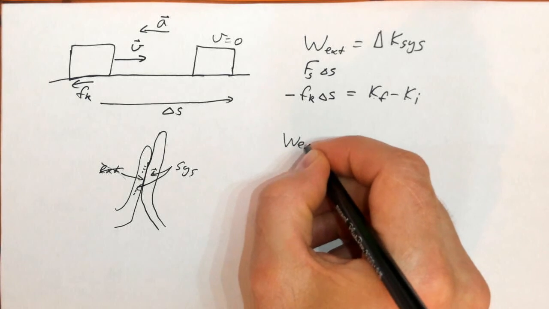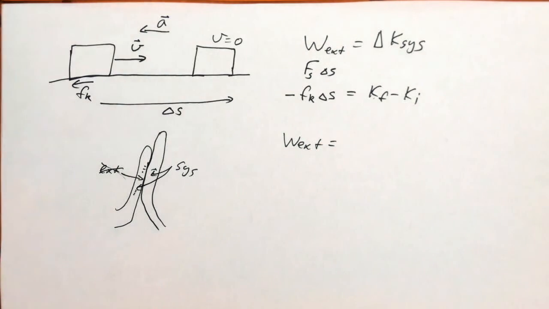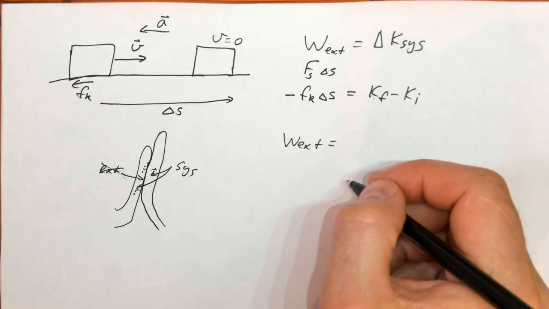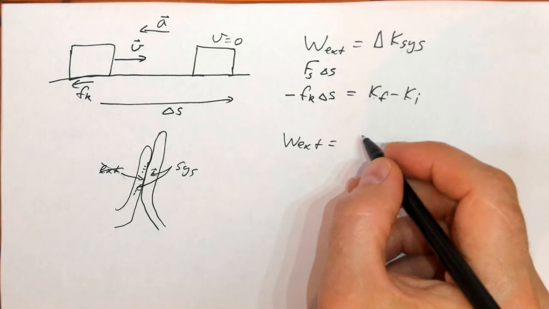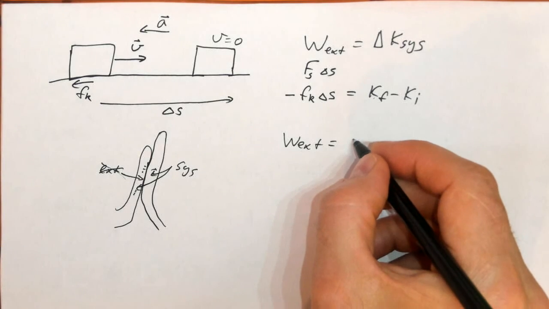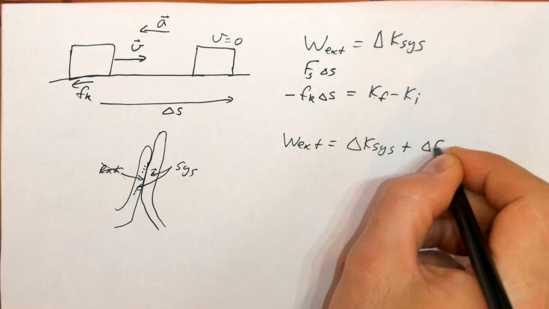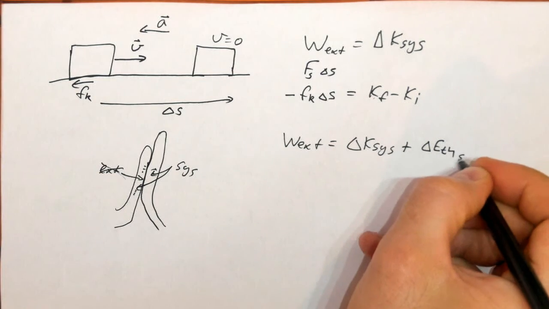External to the system are only those things that are applying forces not like friction, that is, non-dissipative forces. Friction is a dissipative force, which causes an increase in thermal energy. So now we can have delta K of our system plus delta E thermal of our system.